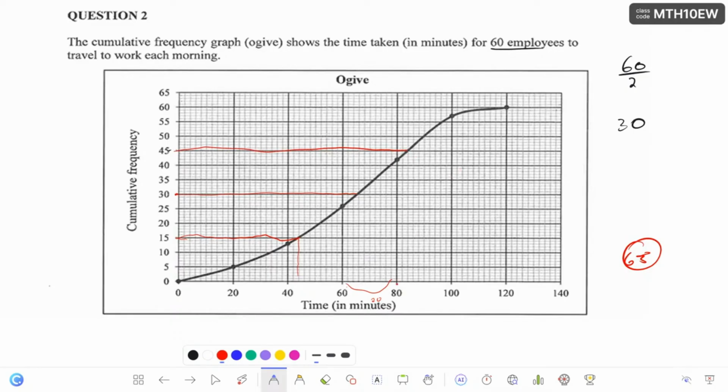So if we calculate this, what is 2, 4? Yeah, I think the answer here is going to be 84.